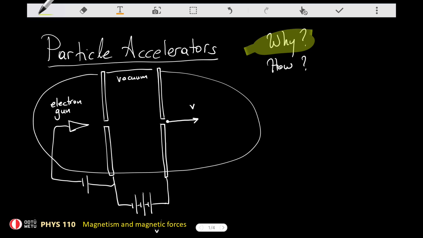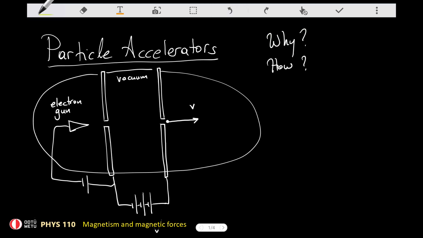So to be able to produce new particles with even higher masses, of course, you need to give more energy to these particles. That's why people are building accelerators with higher and higher energies.